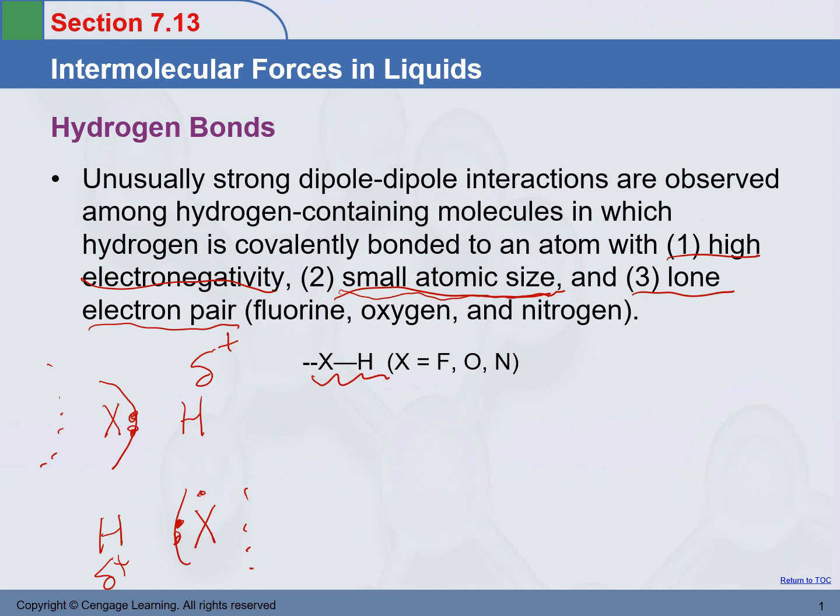Now, X has a lone pair, remember that. This lone pair will interact with the almost empty orbital from hydrogen. This attraction is called hydrogen bond. Remember, hydrogen bond is a kind of intermolecular force.